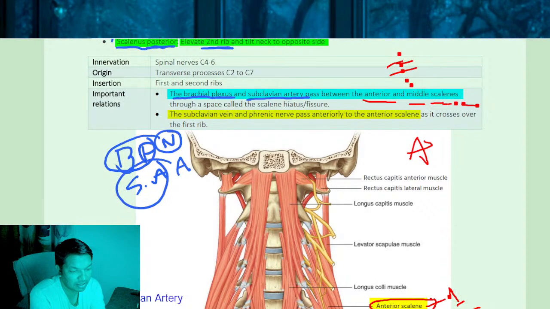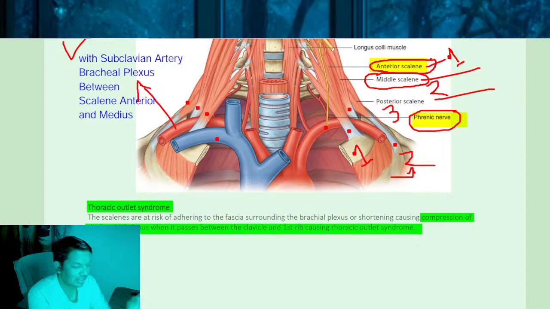They pass between the anterior and middle scalenus. This is scalenus anterior, and this is scalenus medius, and the last one is scalenus posterior. Scalenus anterior and medius are attached to the first rib, and scalenus posterior is attached to the second rib.